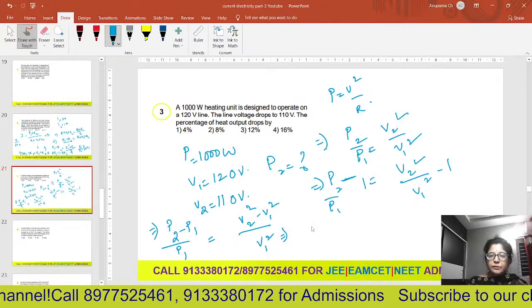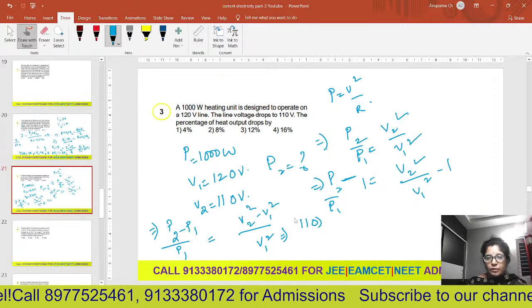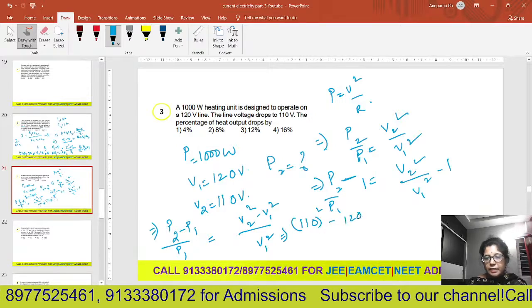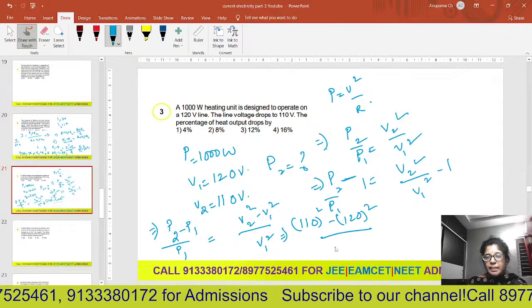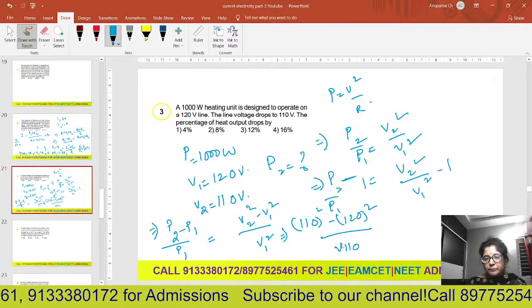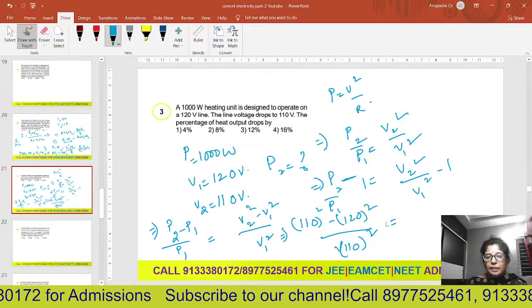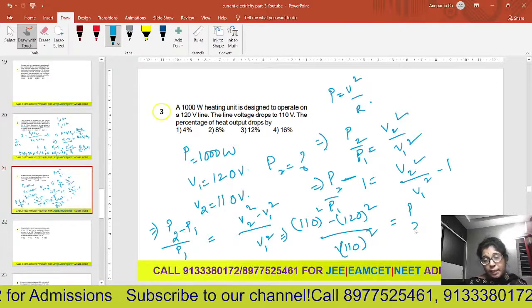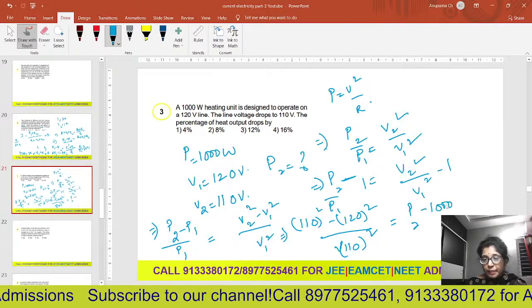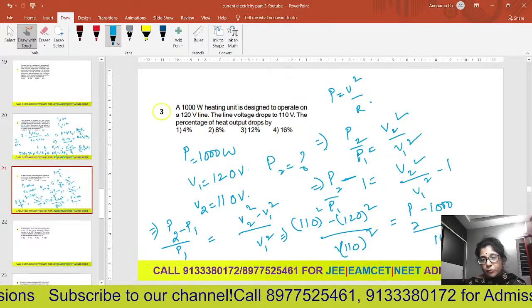This will be 110 whole square minus 120 whole square by again 110 whole square, is equal to P2, which we have to find out, minus 1000 by again 1000.